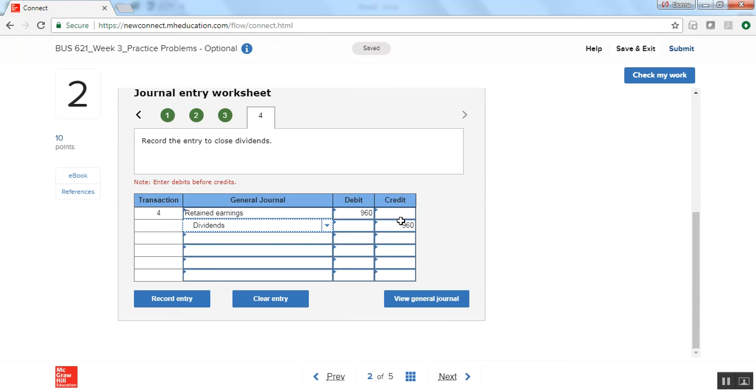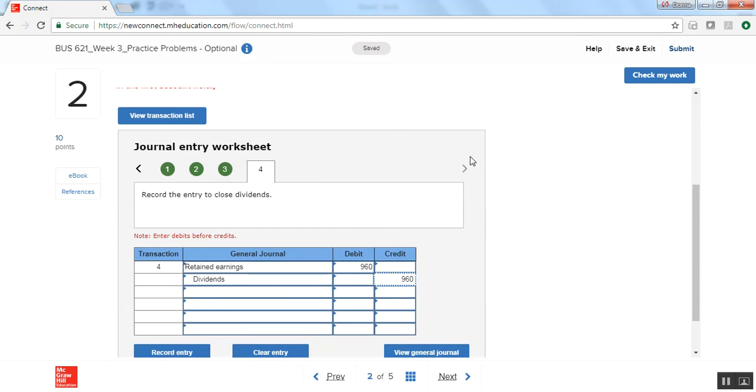So in order to get it to zero, we're going to credit dividends, and then it's going to go to retained earnings. When you're closing your revenue and expense accounts, you're going to go to income summary, and then the income summary is closed to the retained earnings. And dividends, it's not income, so it's not going to go to the income summary. It's just going to be directly closed to retained earnings.